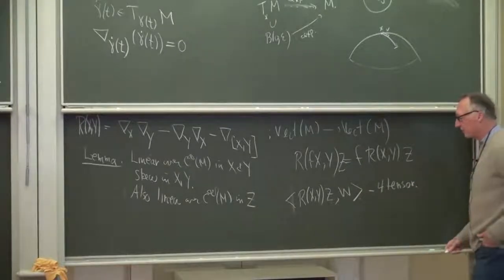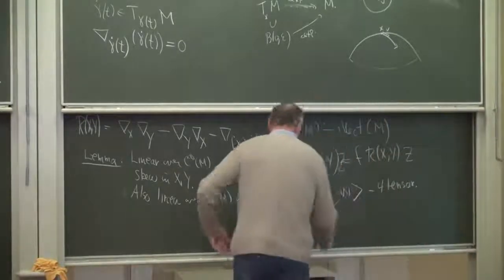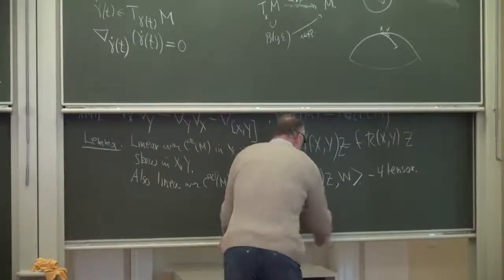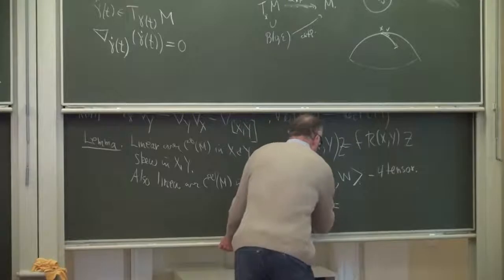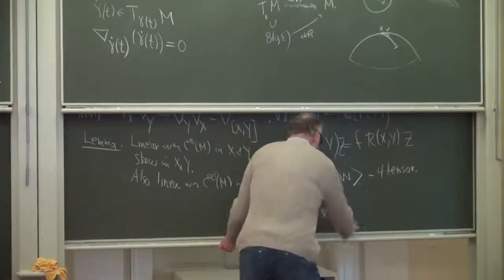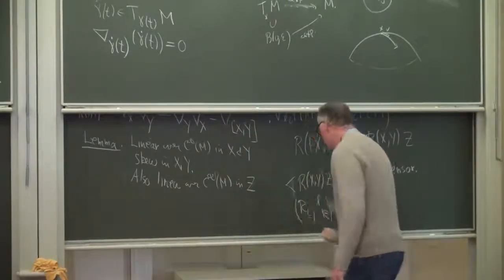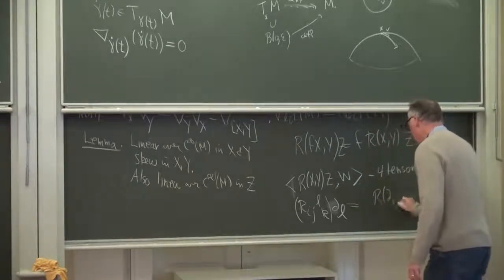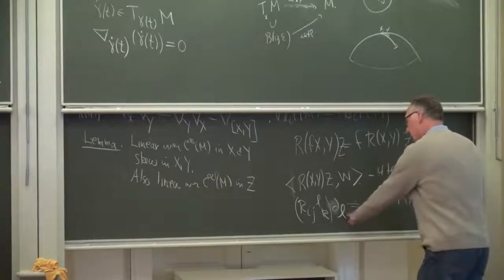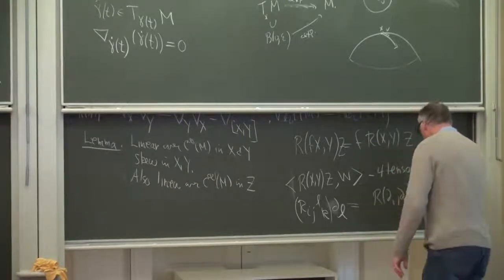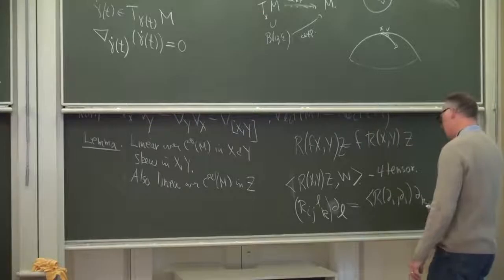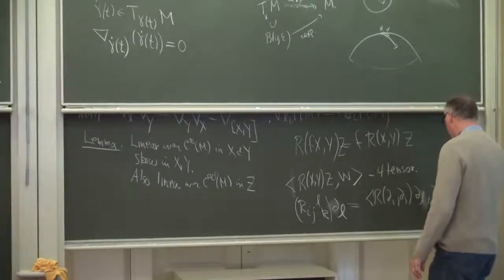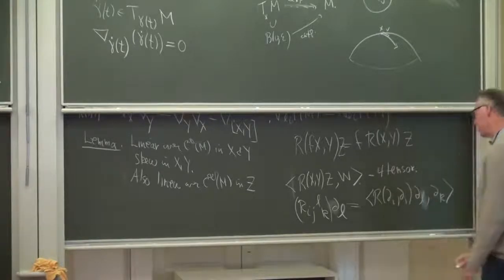And what sort of 4 tensor is it? Well, you usually write it this way. R_{ijlk} is by definition, with the Einstein summation convention, R(partial i, partial j) applied to partial k.